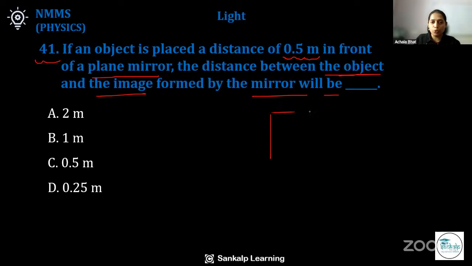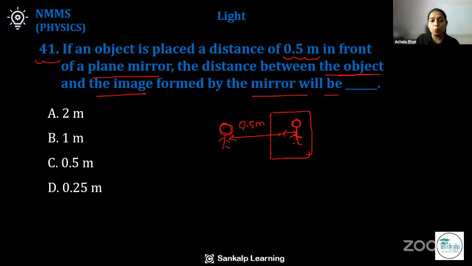Okay, we know that in the case of a plane mirror, object distance will be equal to image distance.